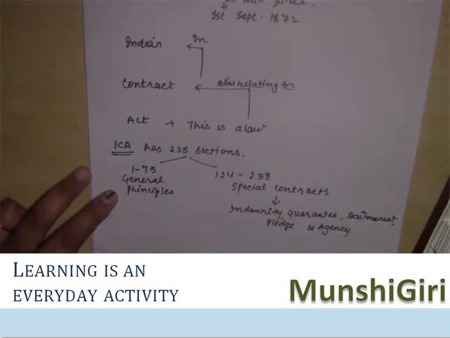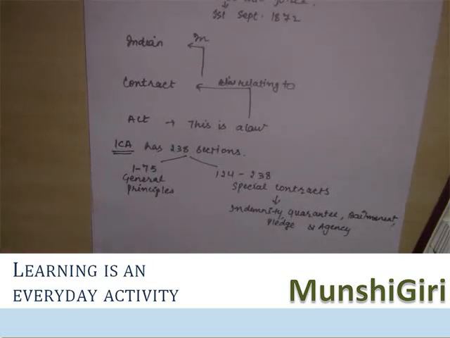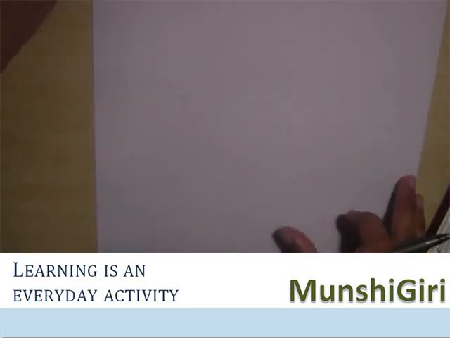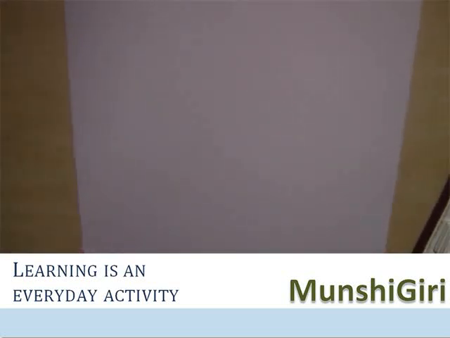So till now we have covered that the Indian Contract Act came into force on 1st September 1872, and this law is related to all the contracts in India. Now the next thing we'll cover is the extent of applicability.